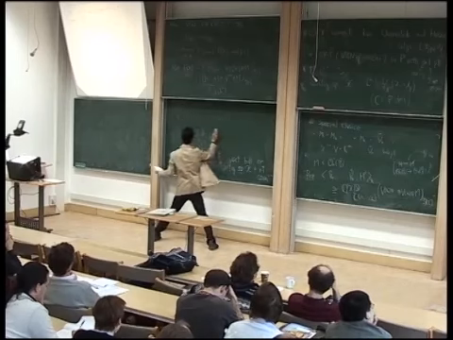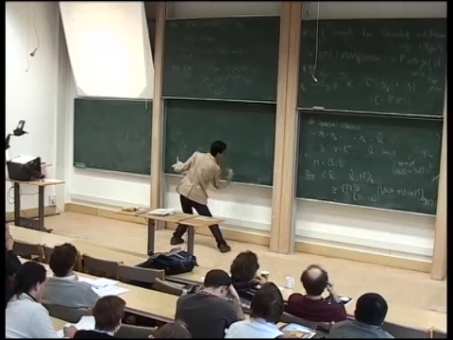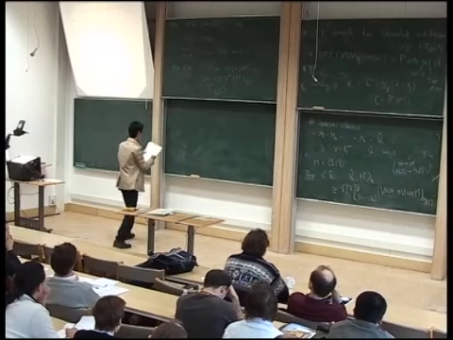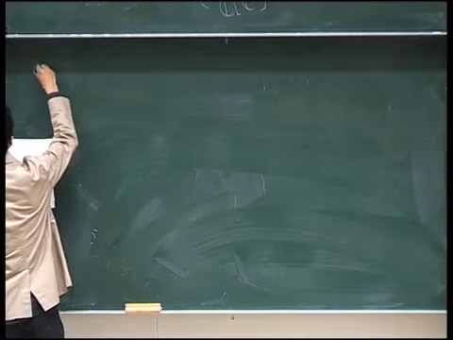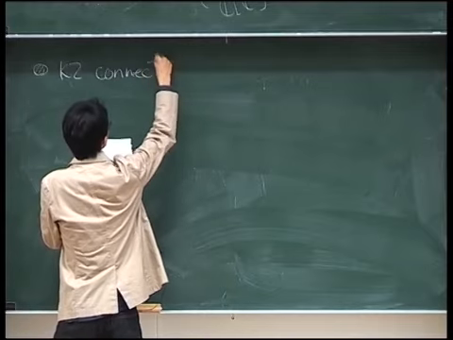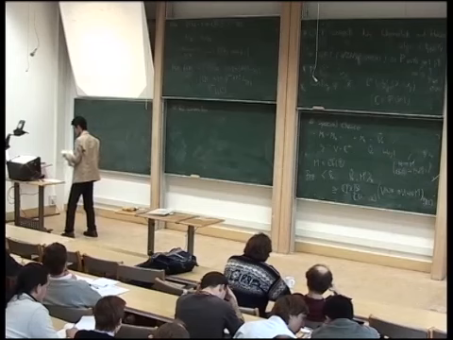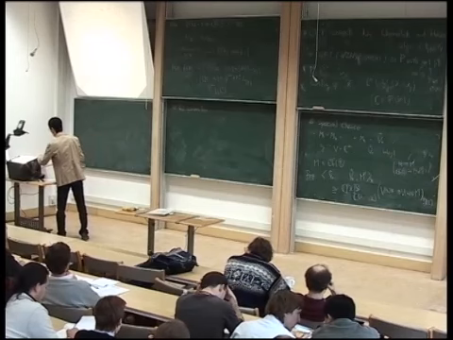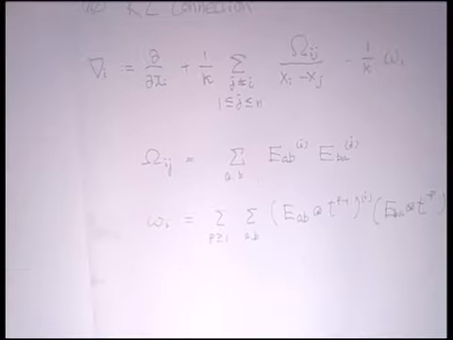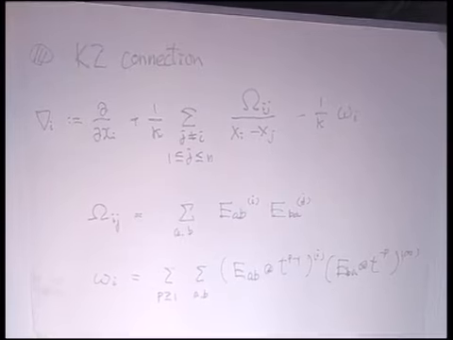So this is a description of the vector bundle of conformal co-invariants under our special selection of modules, and also one gets the KZ connection. Again, I don't have time to even explain the explicit formula, but that is here.